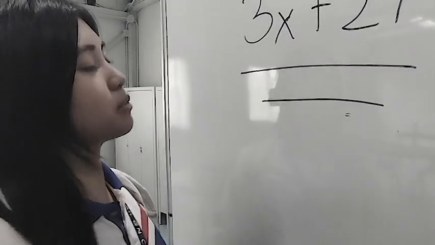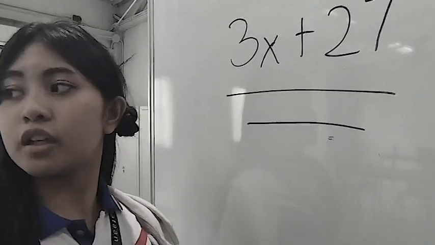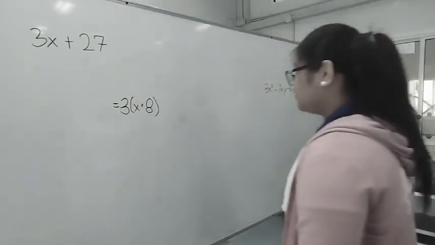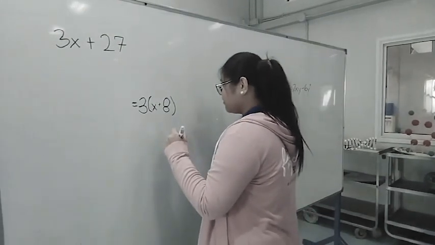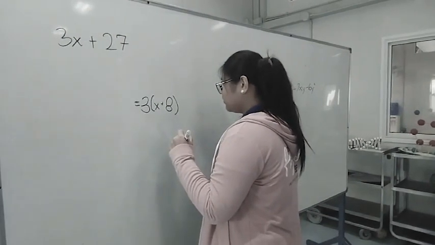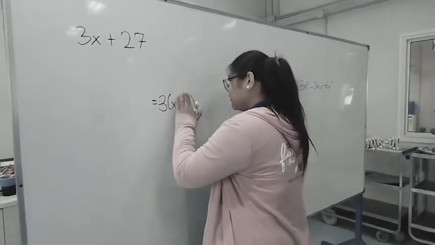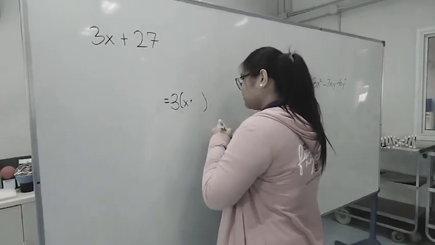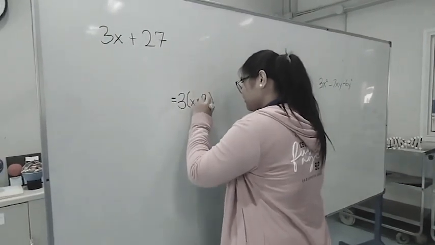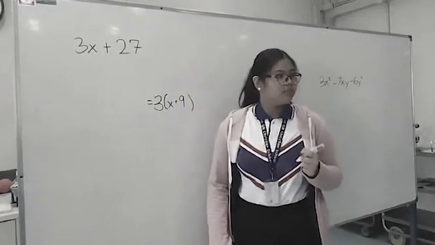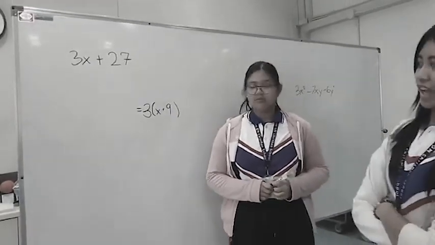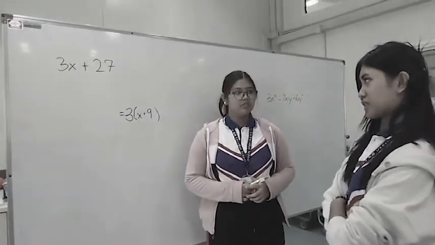Example is 3x plus 27. Multiplied by x plus 9.